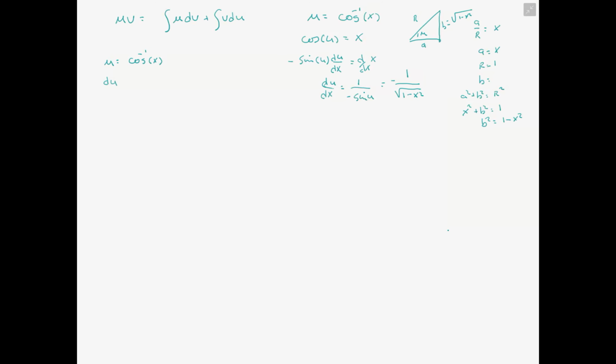So du dx, du equals minus 1 over the square root of 1 minus x squared dx, and v equals x, and dv equals dx. Okay, so uv is x arc cosine of x minus the integral of v du.